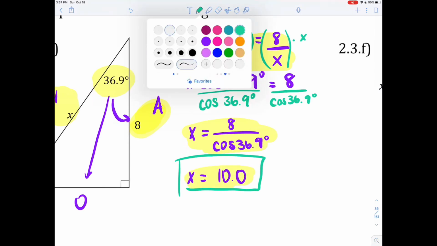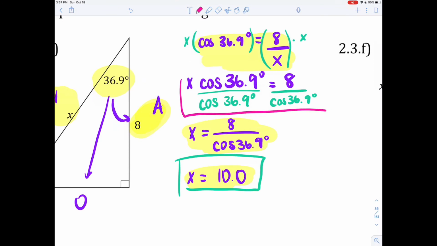This step I personally show all the time, but it is not necessary in terms of showing all of your work. So as long as you have the exact same steps as we were talking about before, plugging in your values to the trigonometric ratio, isolating your unknown, and then your final answer, that would be A-okay with us.